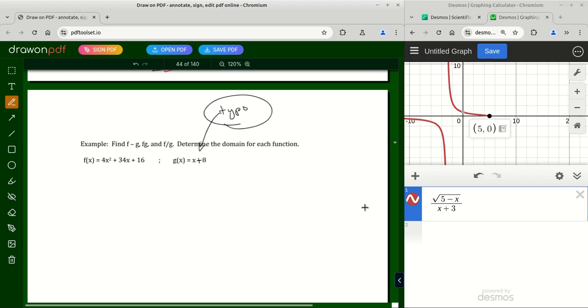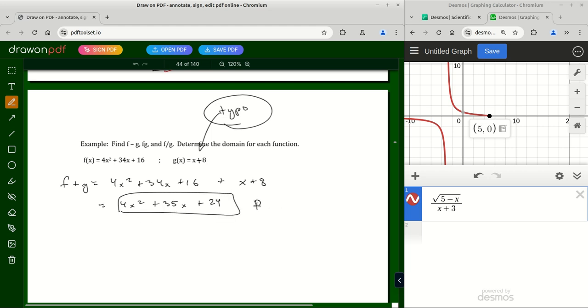Okay, so it says do the same thing. F plus G. So I have to add these together, and I guess I'll see in like 10 minutes or something. Combine like terms. 35x, 24. Okay. I already know that we're going to talk about domain. Is there any division?